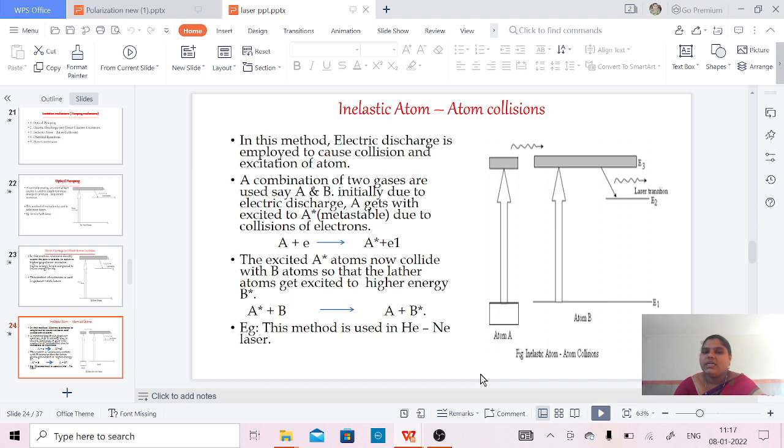Next, the excited A star atoms collide with the B atoms so that the latter get excited to a higher energy state, B star. So A is excited to A star, and B likewise, through collision between A star and B. This method is used in the helium-neon laser. There is a mixture of two gases, and we see how the electron transitions and population inversion occur.